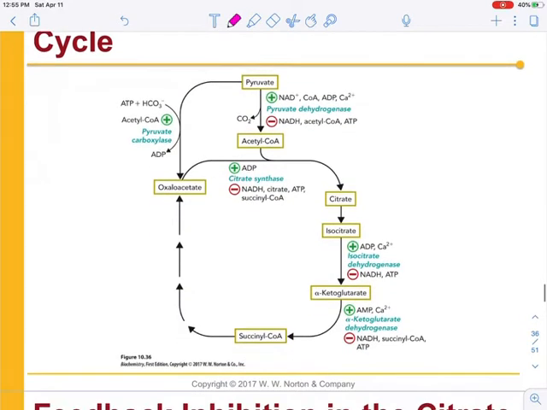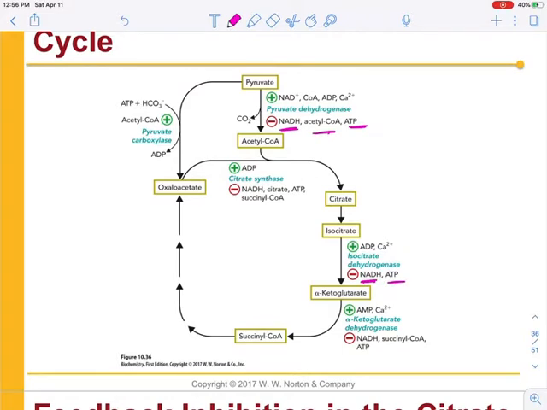And again, in terms of regulation, just like in glycolysis, you're going to have certain points of regulation, and these will be negatively affected by indications that the cell is at rest, so inhibited by ATP, by NADH, acetyl-CoA, right?